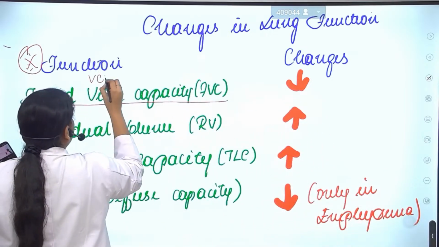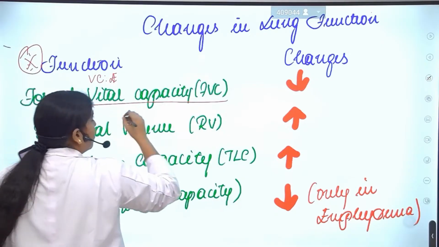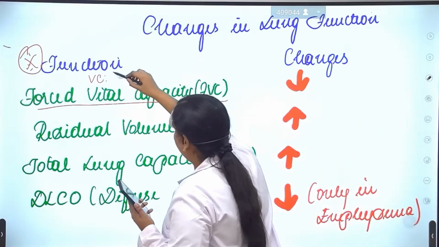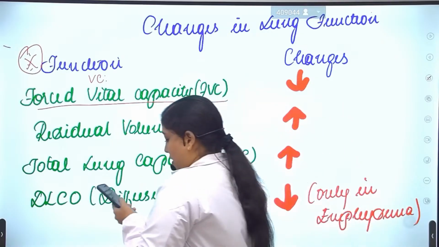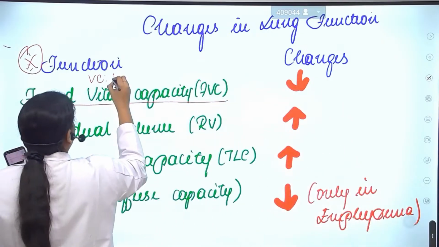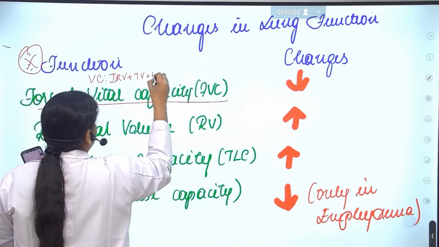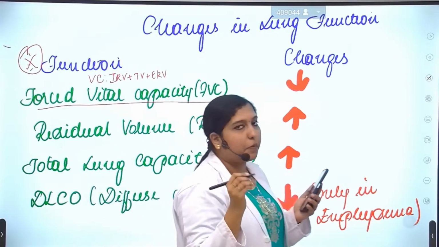Vital capacity is your inspiratory reserve volume plus your tidal volume plus your expiratory reserve volume. That is the vital capacity of the lungs.